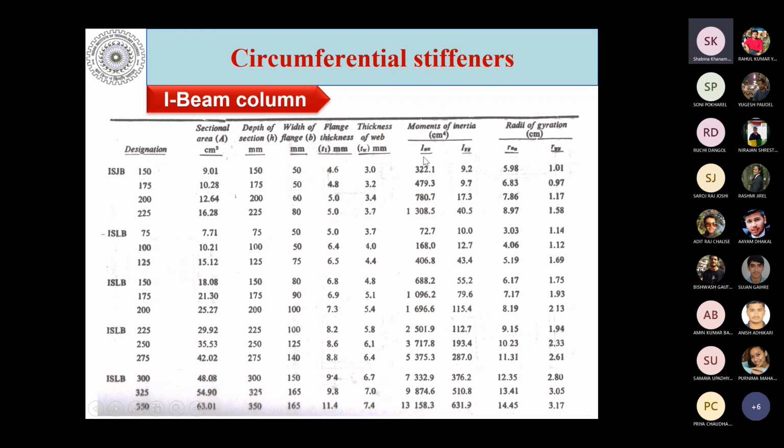Here I am having Ixx and Iyy. So accordingly, if it is placed vertically, you need to consider the moment of inertia as Iyy. If it is placed horizontally, you need to consider Ixx as the moment of inertia of the I beam. Okay, I hope you are getting my point.